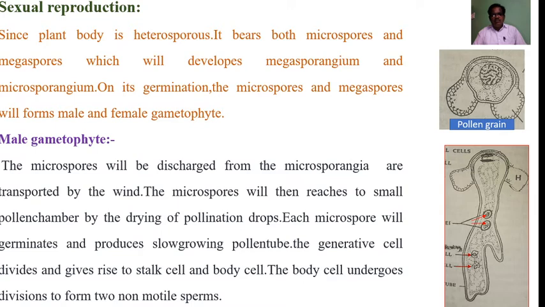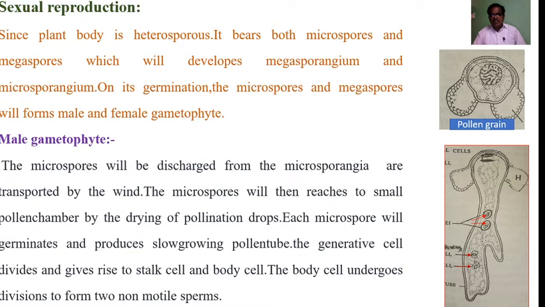Then these winged pollen grains reach the small pollen chamber by drying the pollen drops, that is, towards the gynoecium, the female part, the megasporophyll, or the ovule.